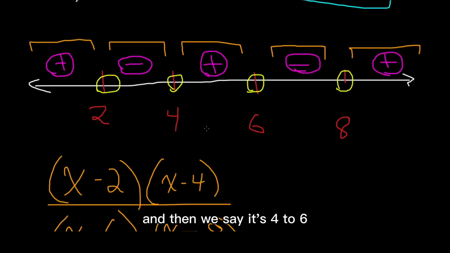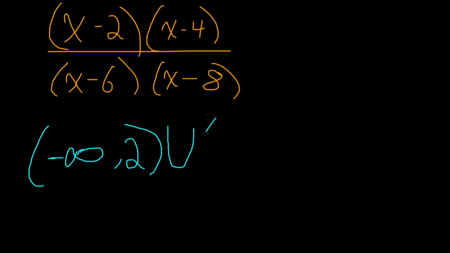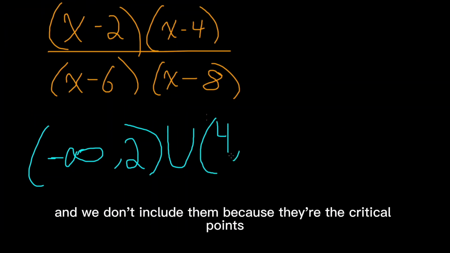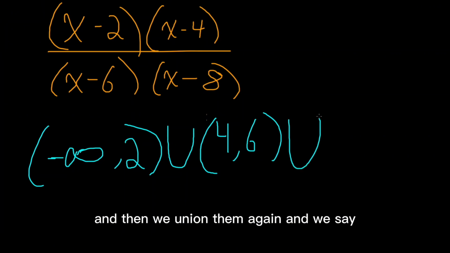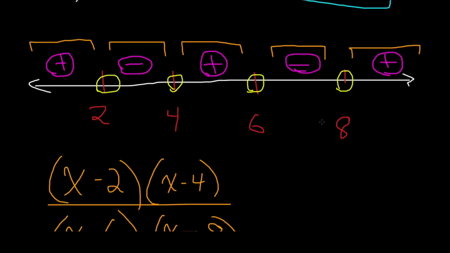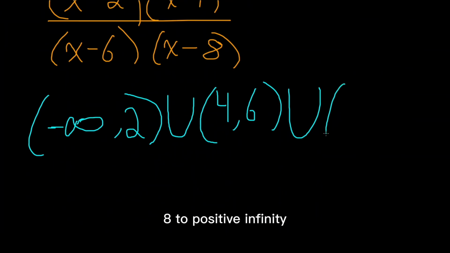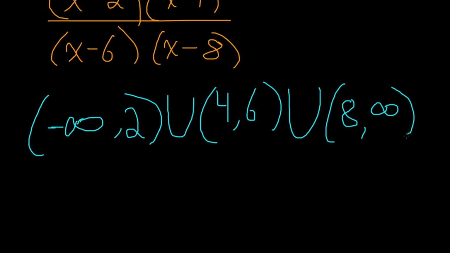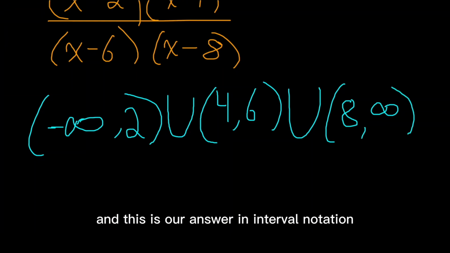And then we say it's 4 to 6, and we don't include them because they're the critical points. And then we union them again, and we say 8 to positive infinity. And this is our answer in interval notation.